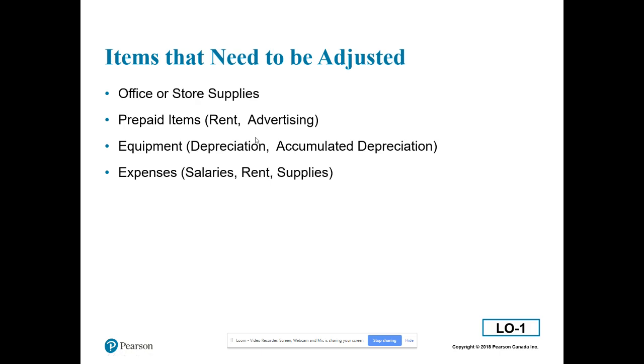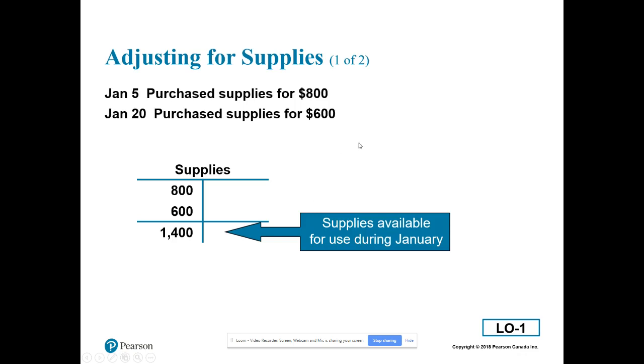That life is the amount of time that this vehicle will be used in the business. So we call depreciation the cost that is transferred from the original cost over to an expense. Other things that can be adjusted for at the end of the year are salaries or some other rental expenses and things like that.